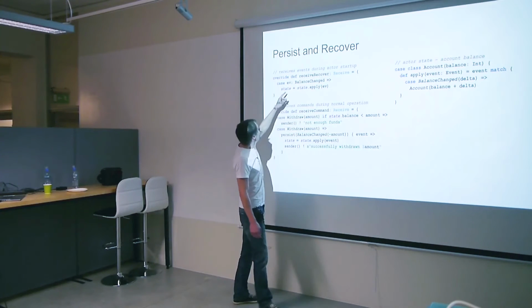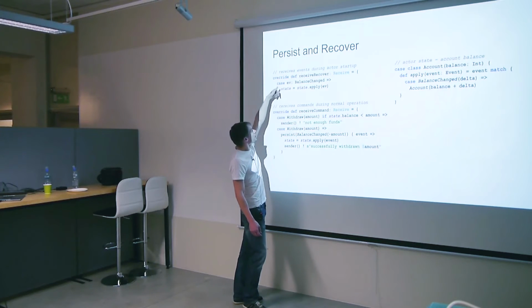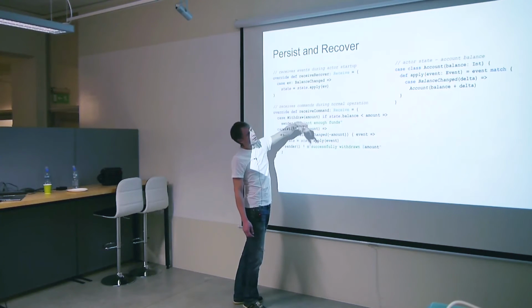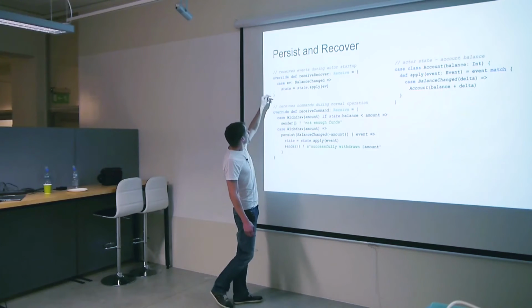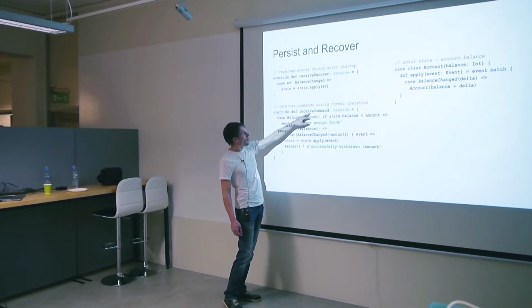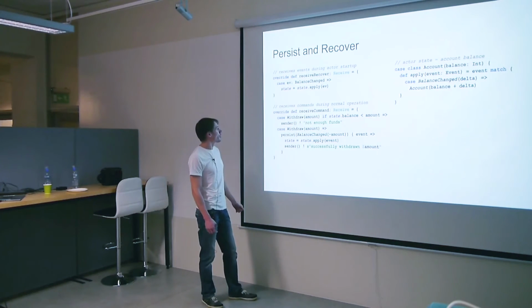And there are 2 functions. Receive recover is called while the actor is being started. All the events are fed to this function and applied to the state gradually. Once the recovery is complete, receive command gets active, which is the normal functioning of the actor.